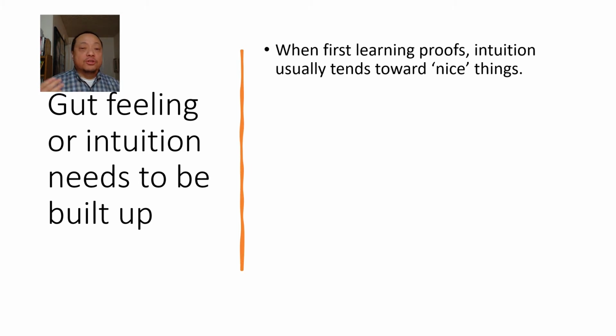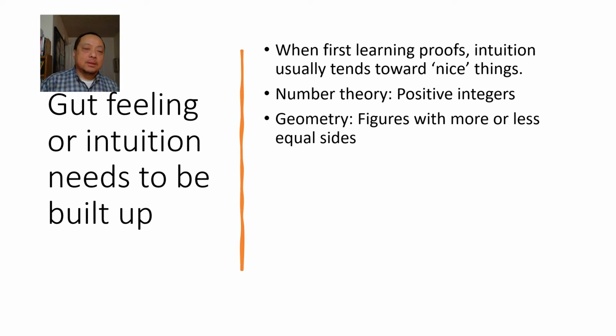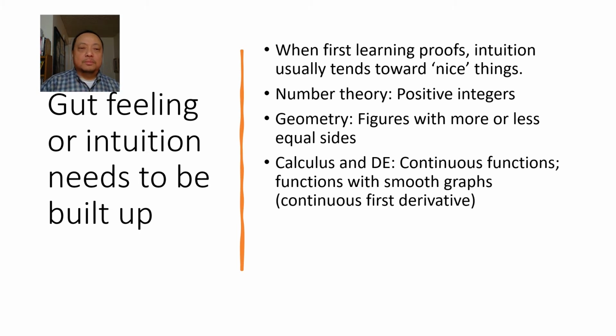When we're first starting out doing proofs, a lot of our intuition or gut feeling will be based on very simple and nice things. Things that behave nicely. For numbers, our intuition tends toward positive integers only. In geometry, we tend toward figures that look nicely proportional, more or less with equal sides.